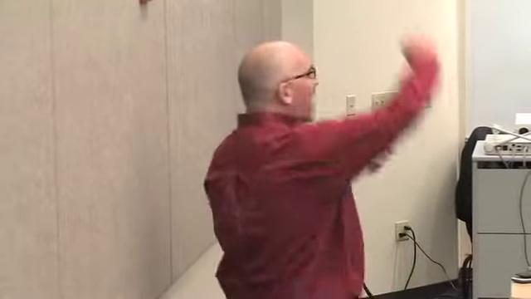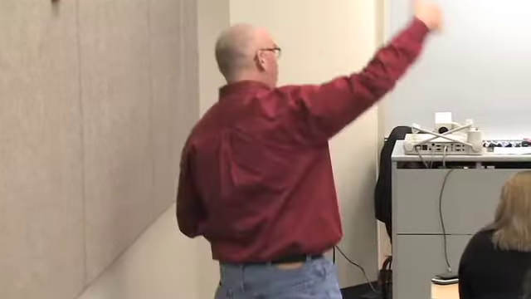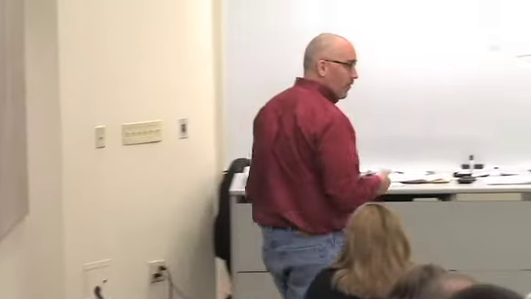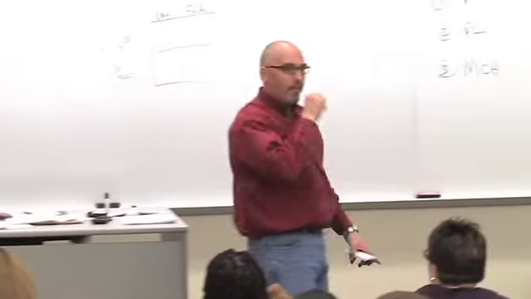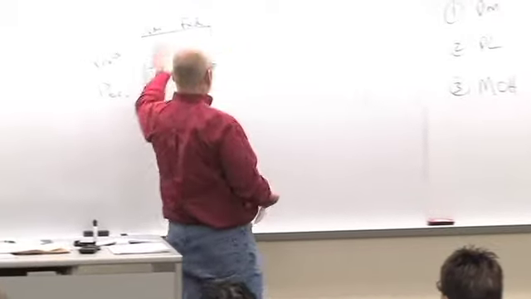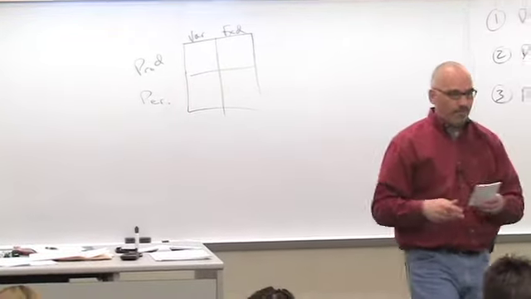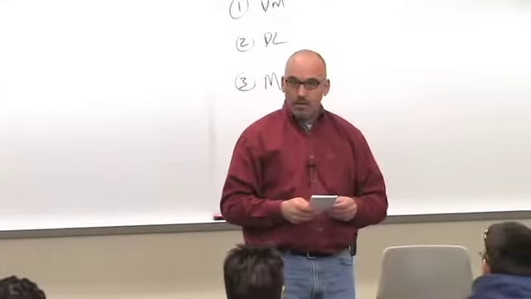Product and variable, that's correct. It's a variable cost because McDonald's incurs costs for every new hamburger produced and sold. So it's variable, and it's also a product cost because it's a cost of what they sell. Okay? Good?